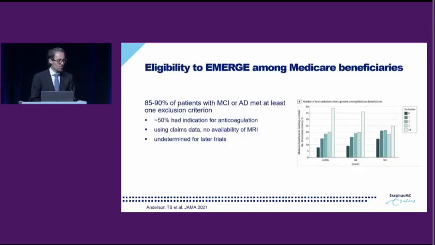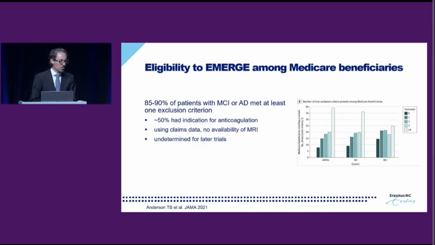So we moved forward from a prior report that was published in JAMA about 2 years ago, which projected criteria for the EMERGE trial on Medicare beneficiaries, and showed that about 85 to 90% of patients with MCI or AD would meet at least one of the exclusion criteria, so not be included in the trial population. And it was substantially related also to the use of anticoagulant medication, about half of them.